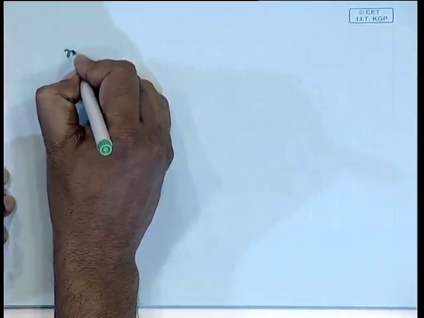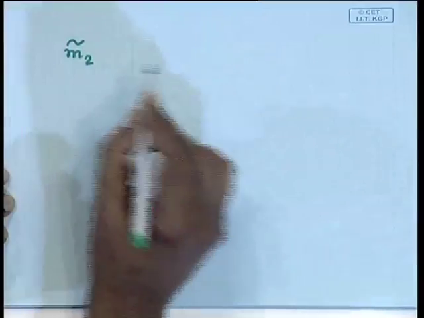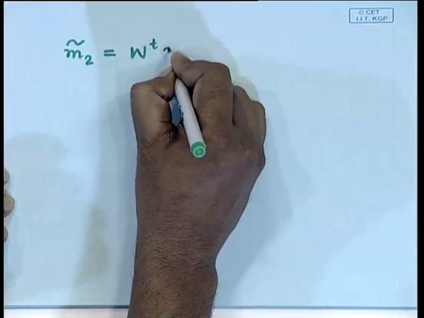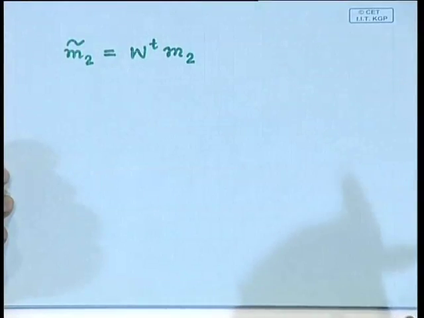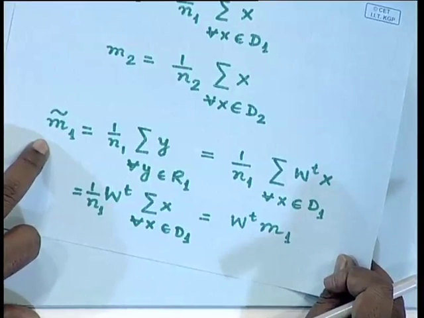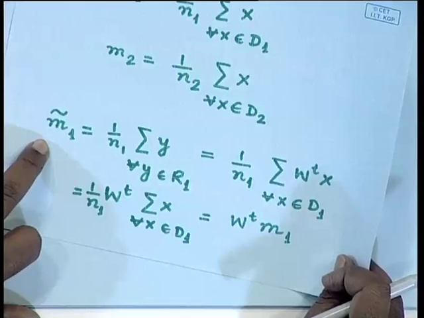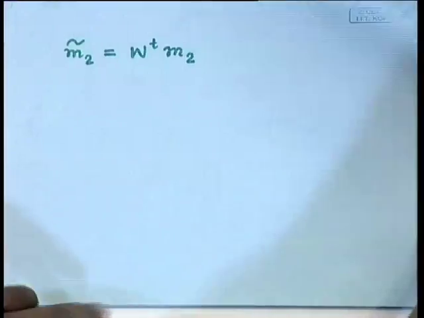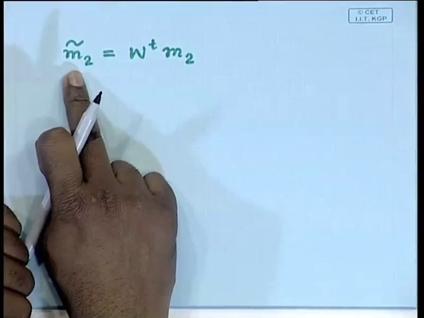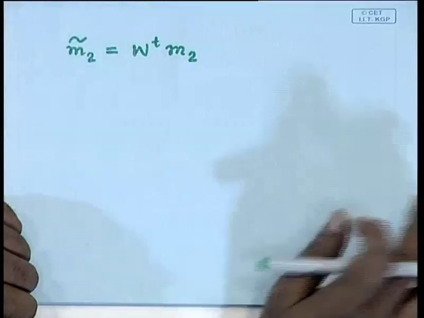In the same manner, the projection of the mean of samples in set D_2, which is M_2 tilde, is simply W transpose M_2. So, M_1 tilde, the projection of M_1 onto the direction of W, is W transpose M_1, and M_2 tilde is W transpose M_2.